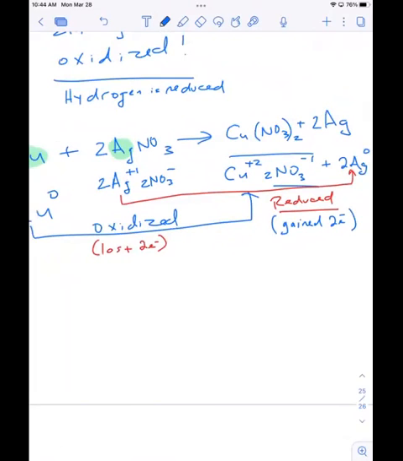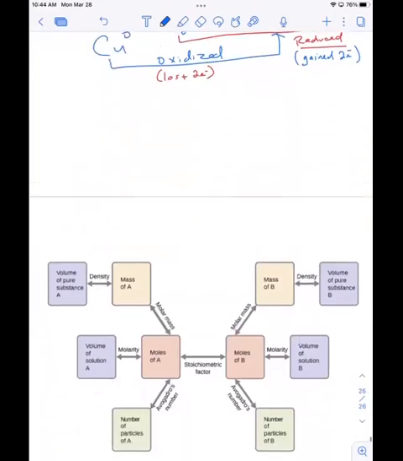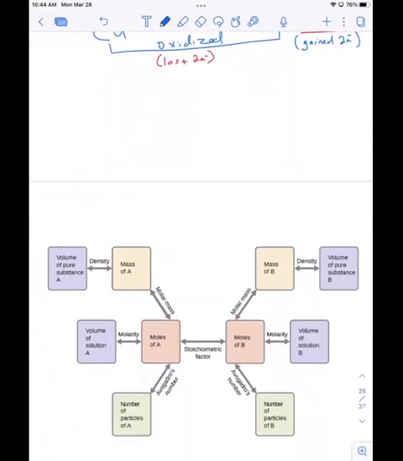Everybody good? All right, so good. So let me give you 2 examples, and we're gonna stop. I'm gonna give you one reaction, and we're gonna determine if reduction or oxidation happened. And then we'll do another reaction, the same thing. So let's do it. Let me just put it on another sheet of paper.